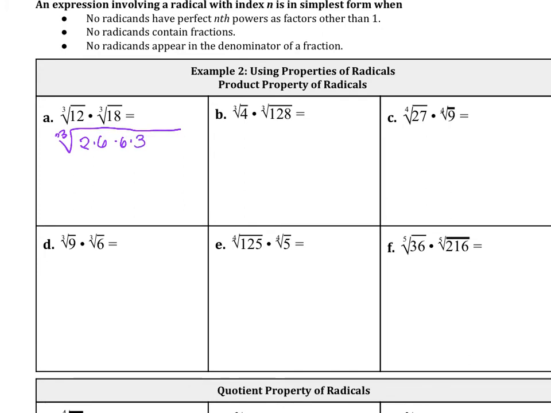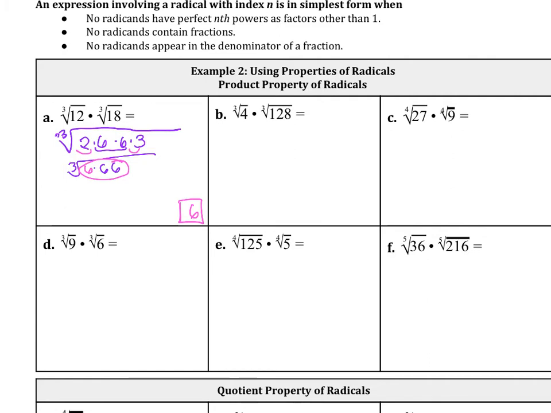I notice there are two 6's here, and there's also a 2 and a 3, and 2 times 3 is really another 6. So I have 3 6's, and the final answer is just 6. That's one way to break it down, instead of multiplying 12 times 18 and then breaking it down from there. So this is a little faster.